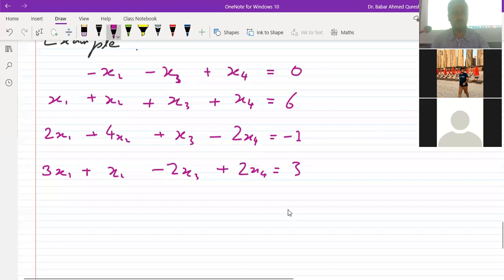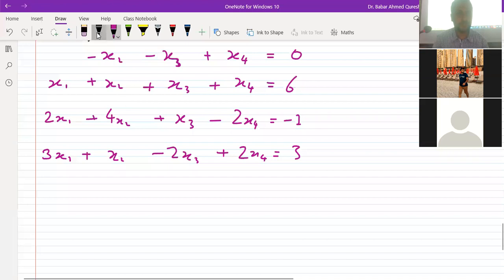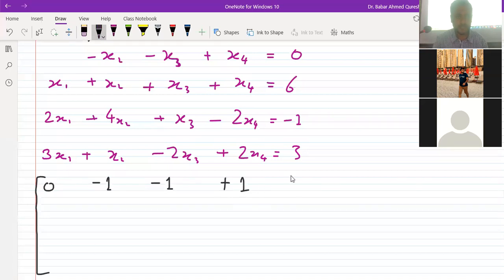Now if I ask you what is the matrix of it, the augmented matrix, it's extremely simple to write. Just collect these numbers. So what's the first element? 0, because there's nothing in front of x1. So you're just collecting these numbers.